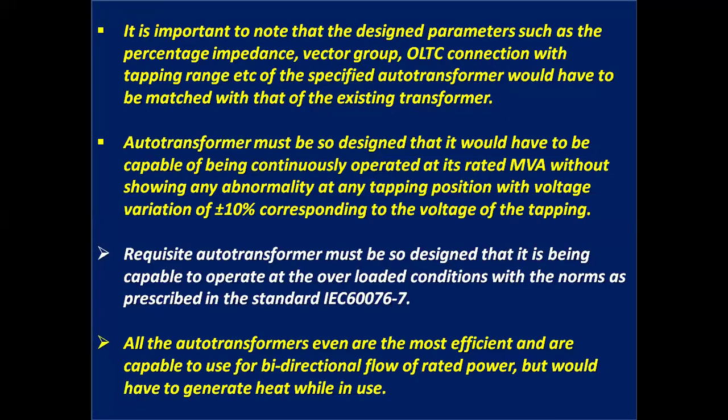It is important to note that the design parameters such as the percentage impedance, vector group, on-load tap changer connections with tapping range, etc. of the specified autotransformer would have to be matched with that of the existing transformer.